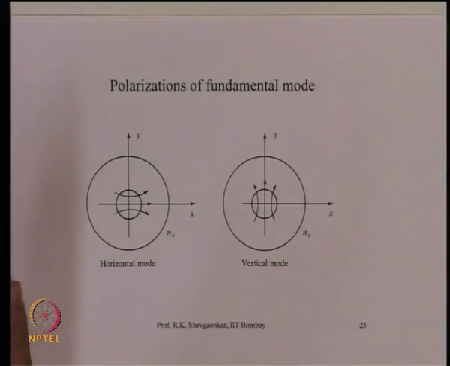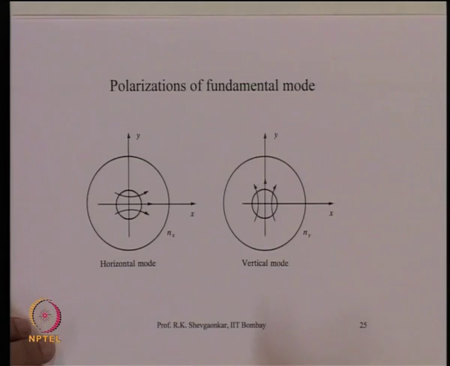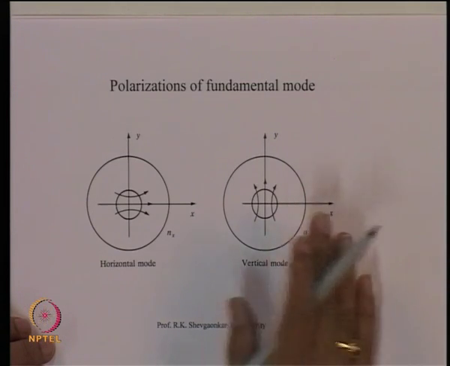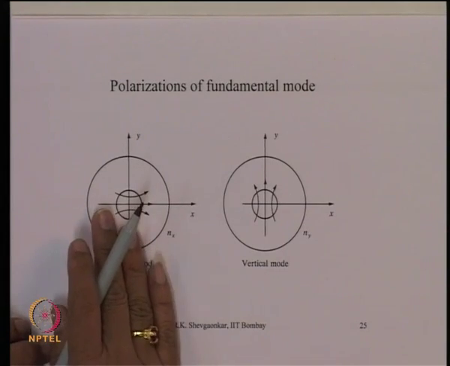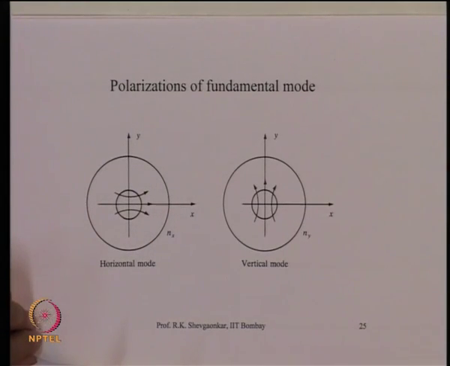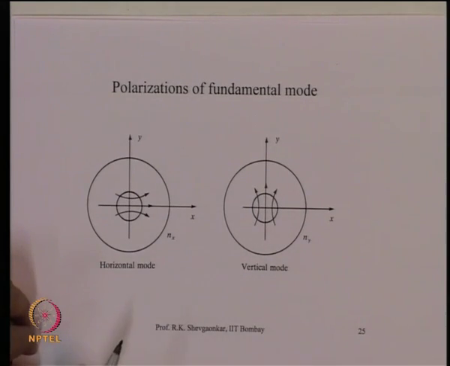So, with this then one can come back and say that for the LP01 mode, which is the same as the HE11 mode for a single mode optical fiber, you may have a field distribution which would look like this. So, you may have an LP01 mode which will be vertically polarized, or you may have an LP01 mode which could be horizontally polarized. And later on we will see the implications of this, since we are having two orthogonal polarizations here.